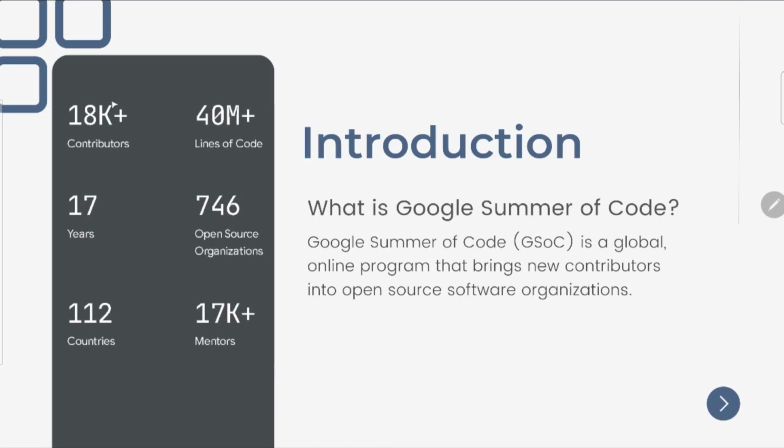Okay, the statistics you are watching right now are of GSoC only. There have been 18,000 plus contributors who have written 40 plus million lines of code, and there have been 746 open source organizations from 112 different countries. So it provides great opportunities and a lot of exposure to the new contributors.